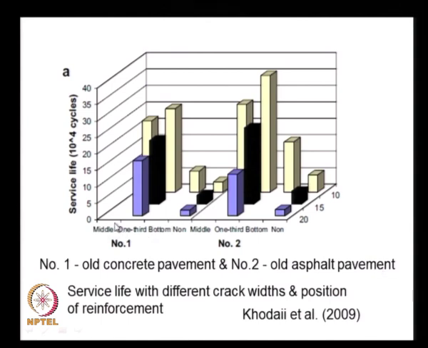When the reinforcement is provided at 1/3 depth, there is a good improvement, and the bottom 1/3 is the best performance. When there is no reinforcement, the number of cycles to failure is very low, and when it is at the bottom, the reinforcement benefit is also low.